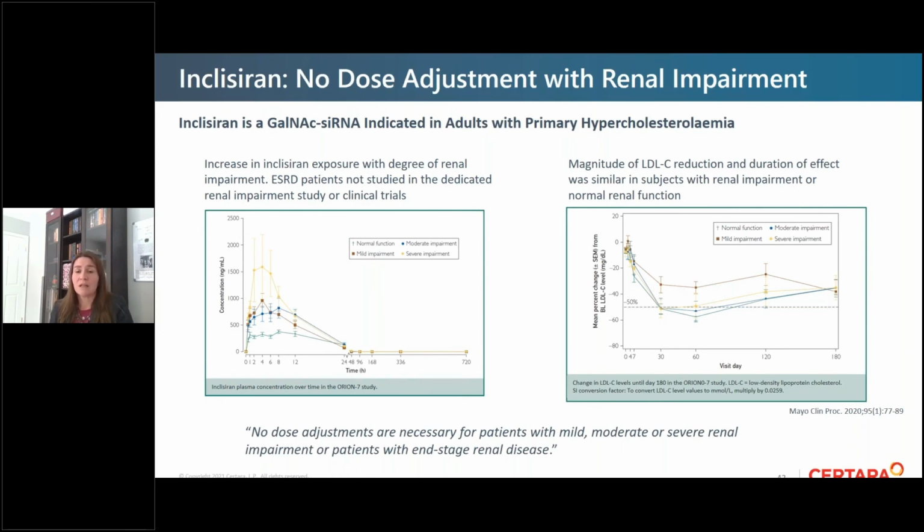Investigations were also done in the clinical trials, looking at PD response as LDL-C reductions in patients with different levels of renal function, and all of those demonstrated that there was no impact. So the end recommendation in the label was that no dose adjustment is necessary for patients with mild, moderate, or severe renal impairment and end-stage renal disease.